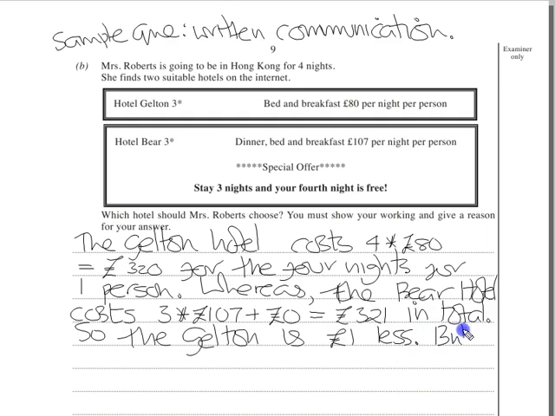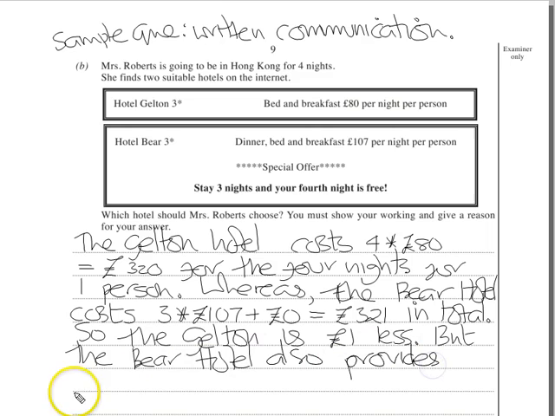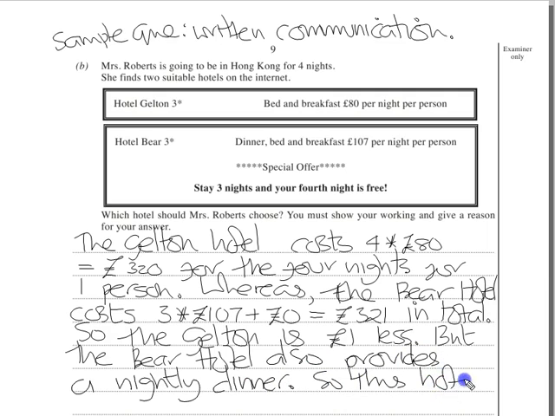But the Bear Hotel also provides, so let's just scratch that, also provides a nightly dinner. So this hotel is much better value. There we are. I think that's good.